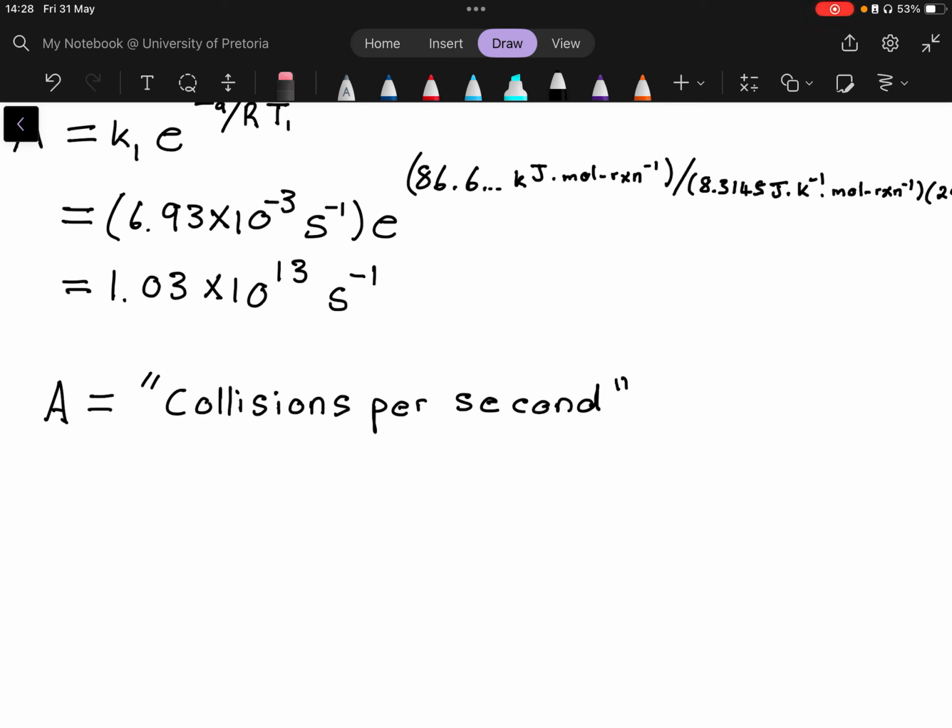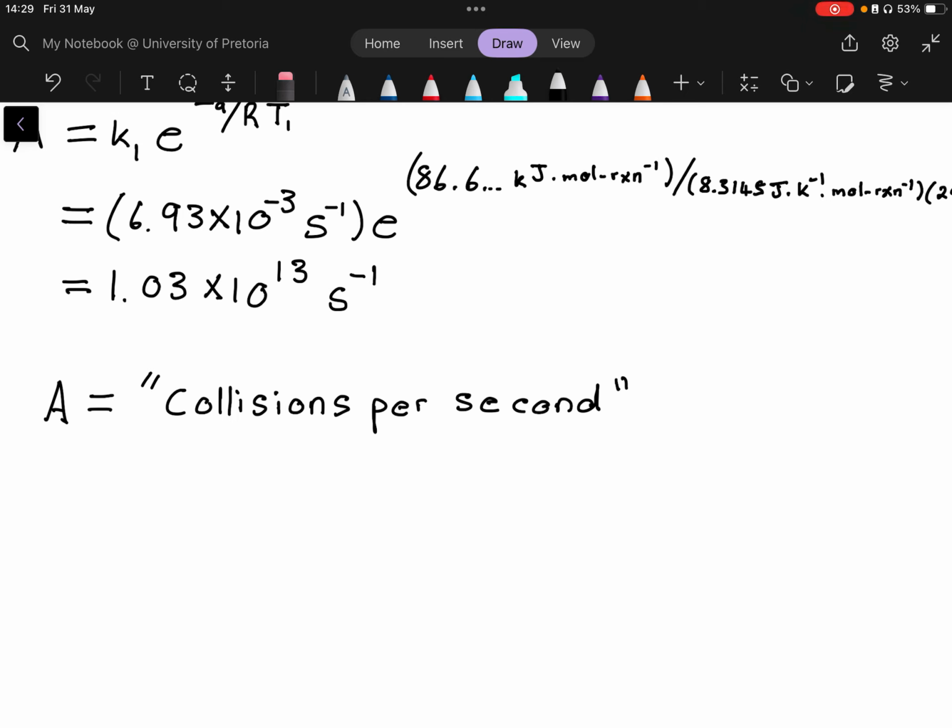That's very many collisions that happen per second. It makes sense, because there has to be a high number of collisions, because this doesn't say all of them are successful. It just says there are so many of them. And then depending on the temperature, a higher percentage of them are successful. It's one of those more difficult concepts because of orientation and whatnot. But if we have more collisions, more of them will be successful.